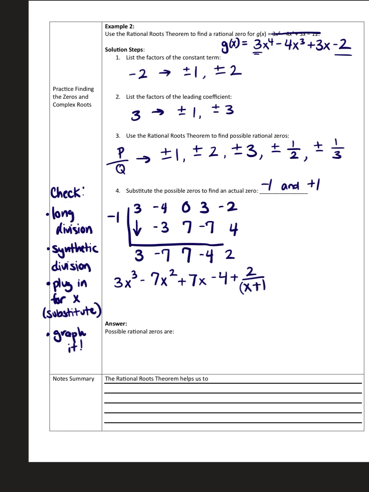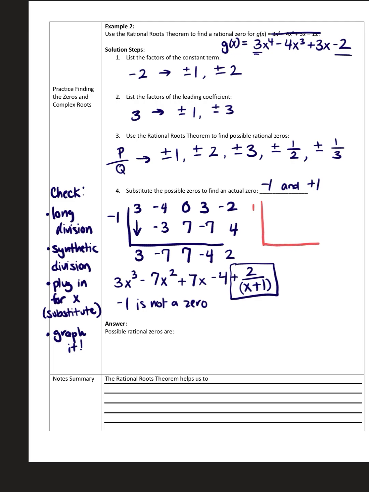Since I have a remainder, I know that -1 is not a 0. So I went ahead and checked that one, -1 is not a 0. Well, let me go ahead and try out +1.